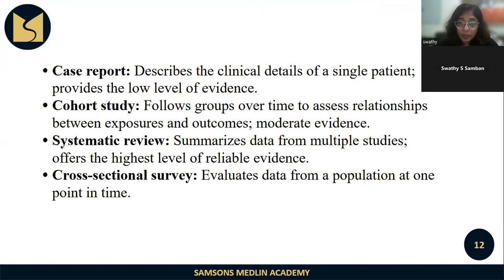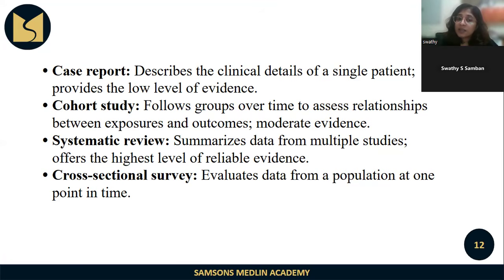A group of people are followed over time. Say we have smokers and non-smokers. We observe them over time to see how many of them develop lung cancer. How many smokers developed lung cancer and how many non-smokers developed lung cancer. So this is a moderate level of evidence. Cohort study gives us moderate evidence.